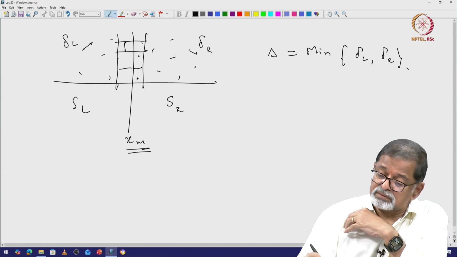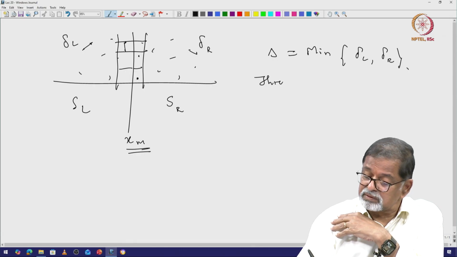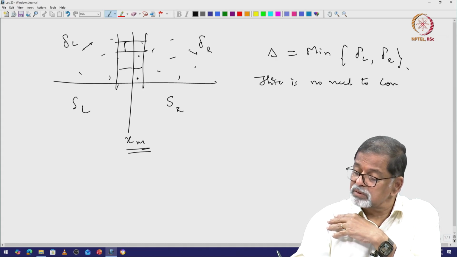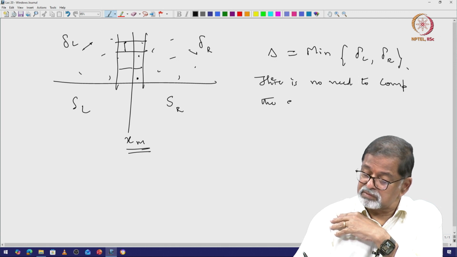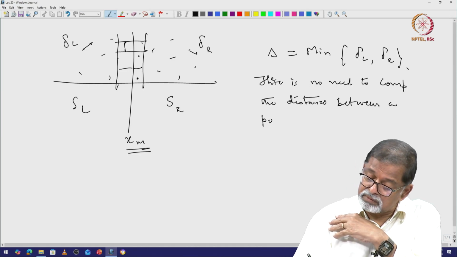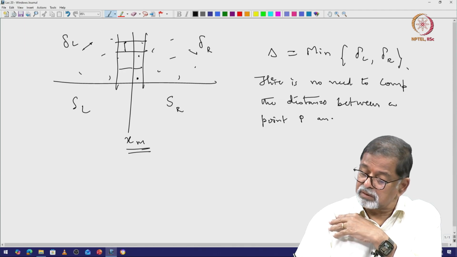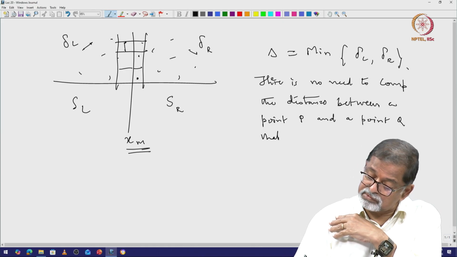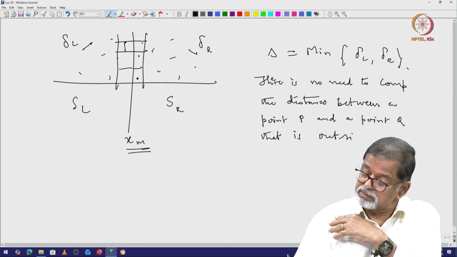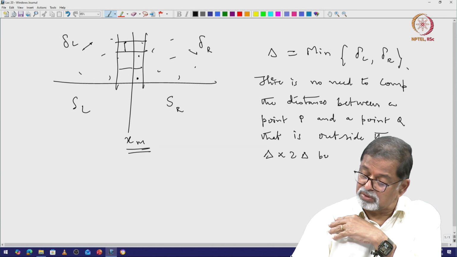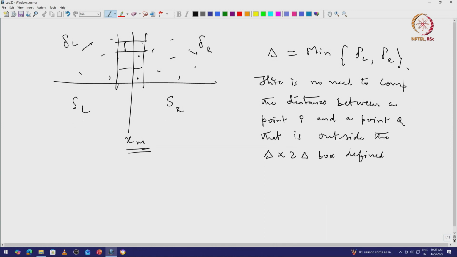So the first thing that we have observed is there is no need to compute the distance between a point P and a point Q that is outside the delta cross 2 delta box defined by P. So what is this delta cross 2 delta box?